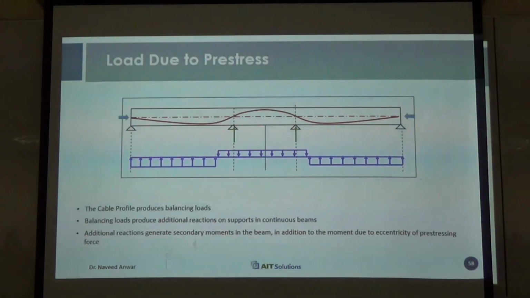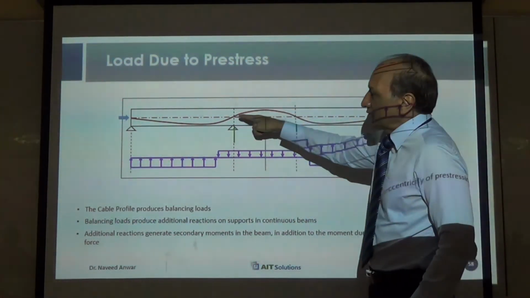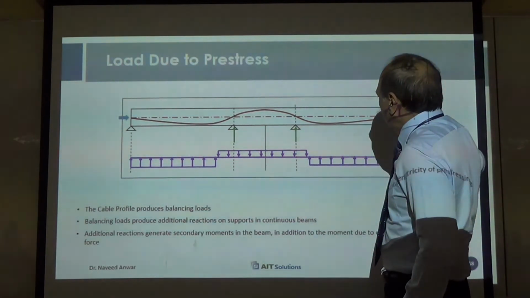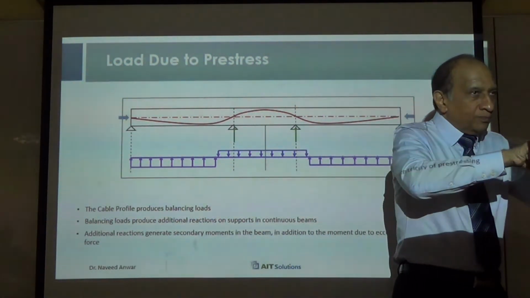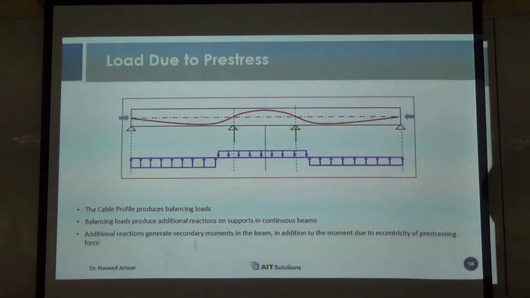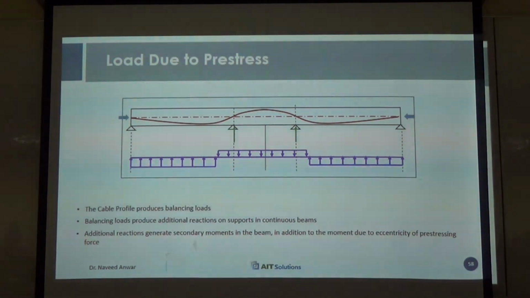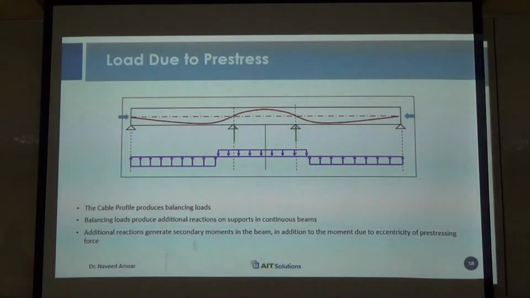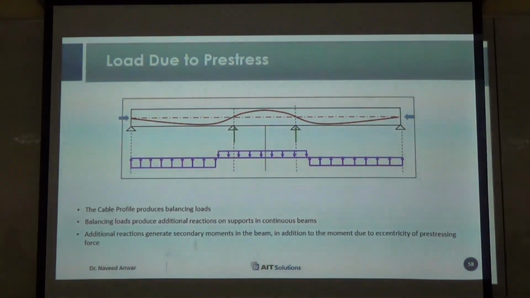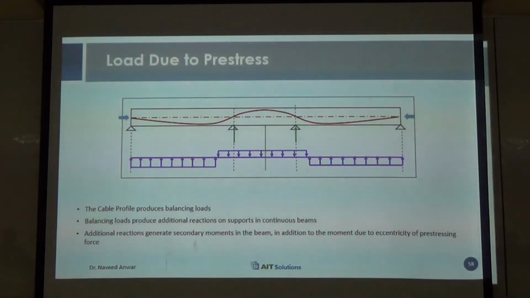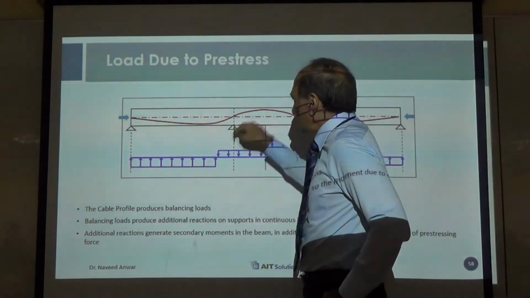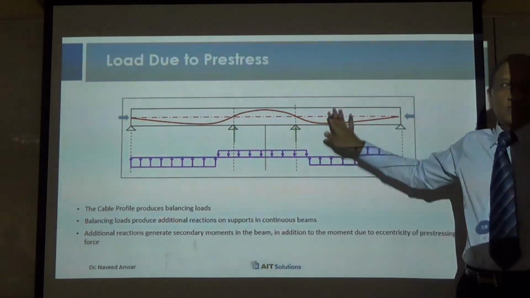The situation is that when you apply pre-stressing on a bridge or a beam which is continuous, then the curvature of this pre-stressing, when you pull it, it pulls forces up and down on the structure because it's trying to straighten, and you're making it curve. So obviously when you try to pull it and make it straight, it will try to be straight and put forces, upward forces here, downward forces here, upward forces here.